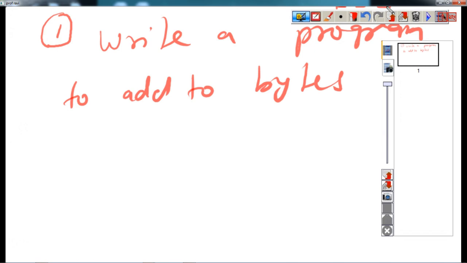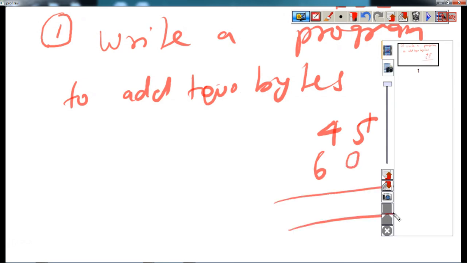That means I have a byte 45, and I have a byte 60.